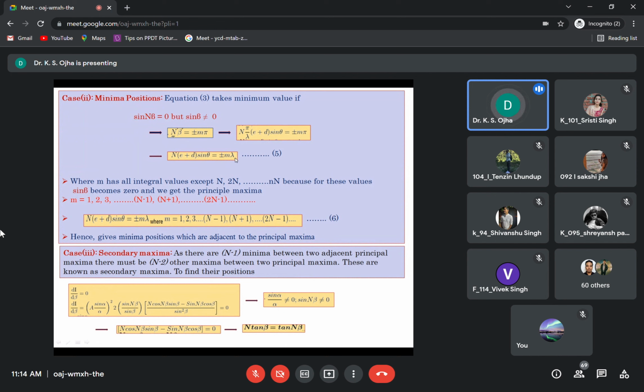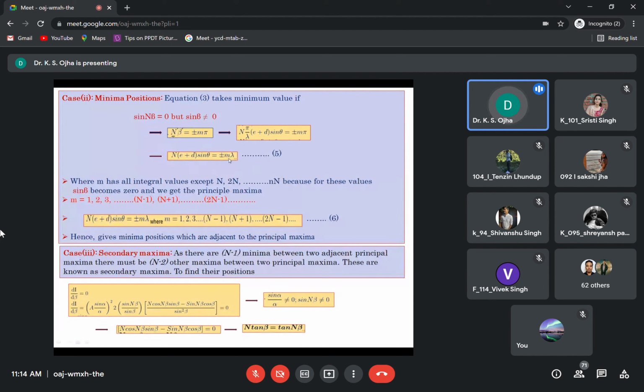Now if we consider m is equal to 0, you get the zero order maxima, so we will not consider m is equal to 0.